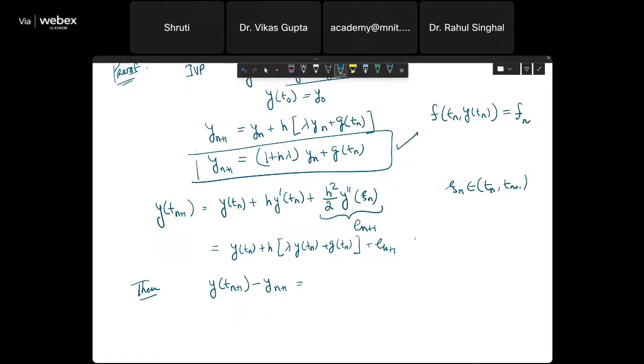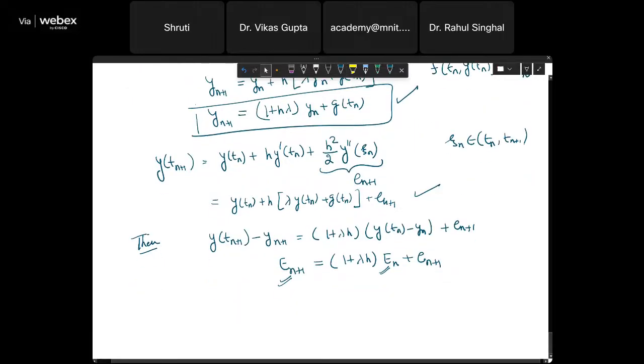With the help of these two equations, what we obtain is 1 plus lambda h times y at tn minus yn, plus en plus 1. Which means the global truncation error at the n plus 1th step, in terms of the global truncation error at the nth step, is 1 plus lambda h times that error, plus the local truncation error involved at the n plus 1th step.